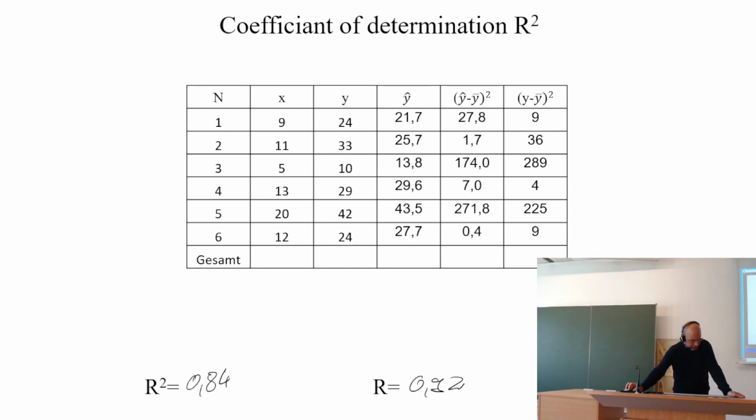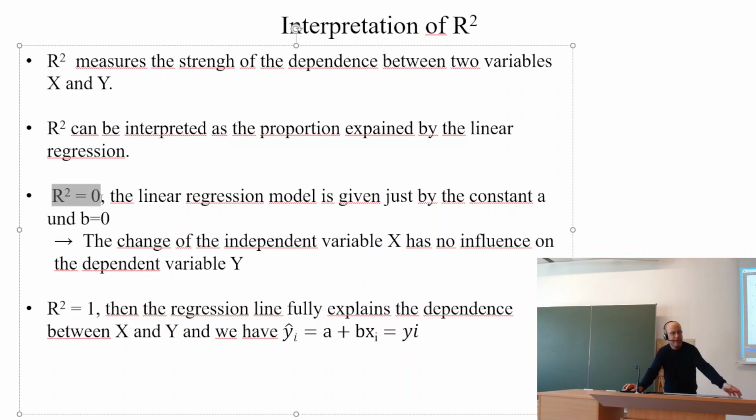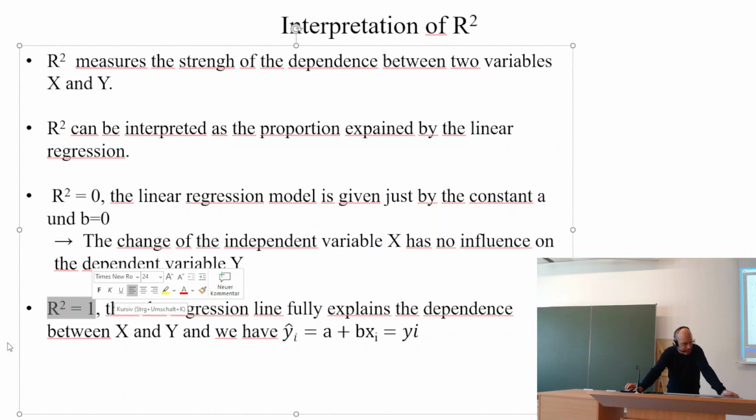And with this, we are now ready. This is just the interpretation we already did. If R squared is in the neighborhood of 0, then we have a very symmetrical dispersion of our data points. With an R squared in the neighborhood of 1, then we are quite close to the linear regression line.